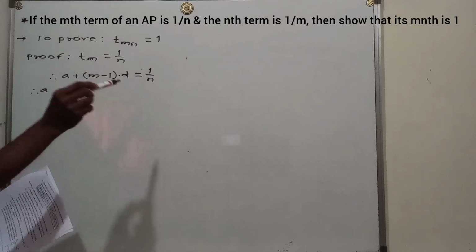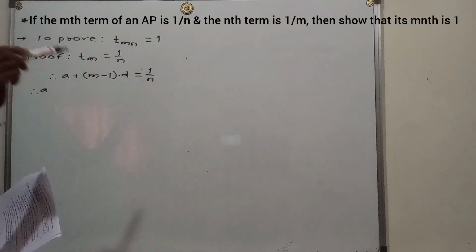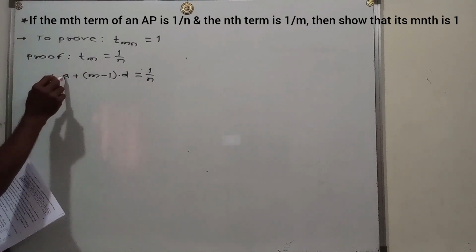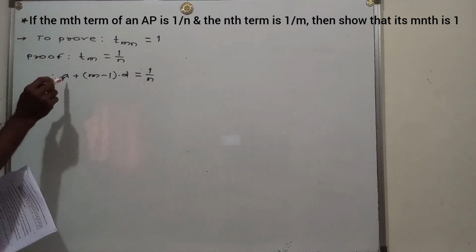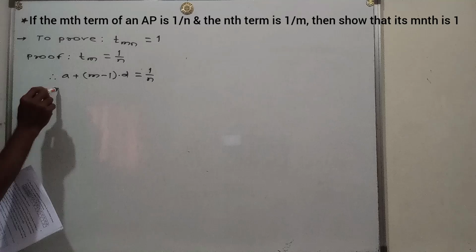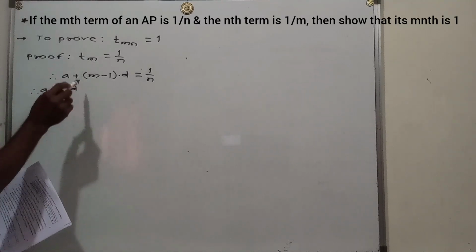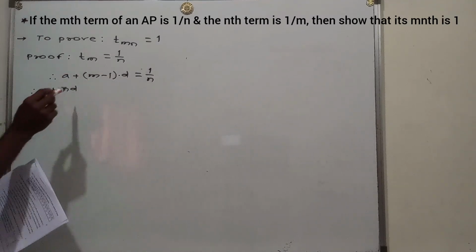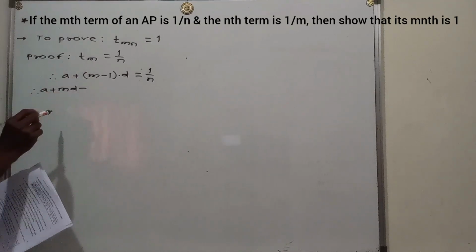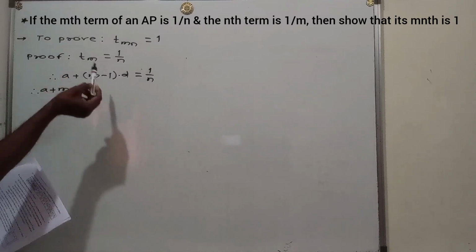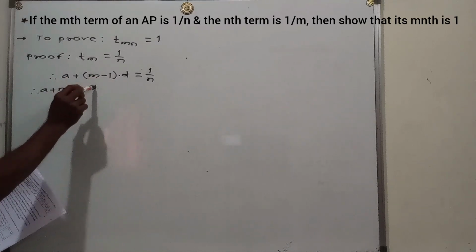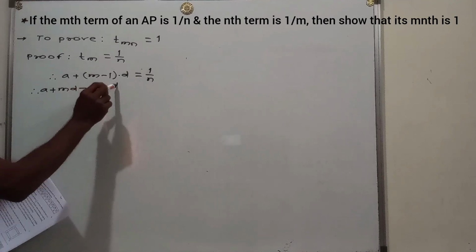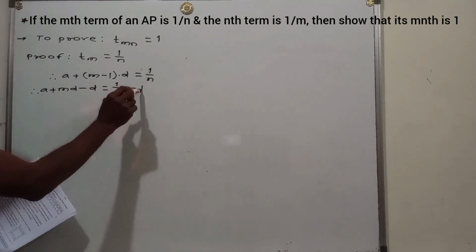Keep it as it is and multiply afterwards when there is a need, but I will show you here. a plus md, and this is also positive, so plus m into d means md, plus into minus 1, so d, minus d, is equal to 1 upon n. Did you get it?